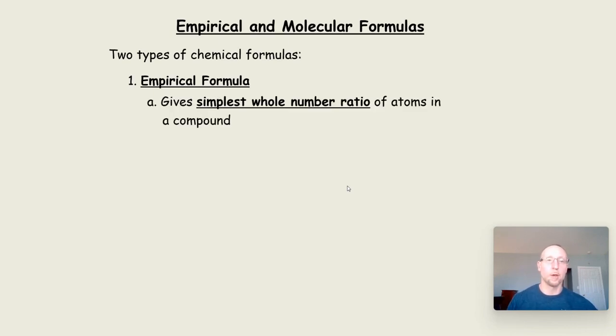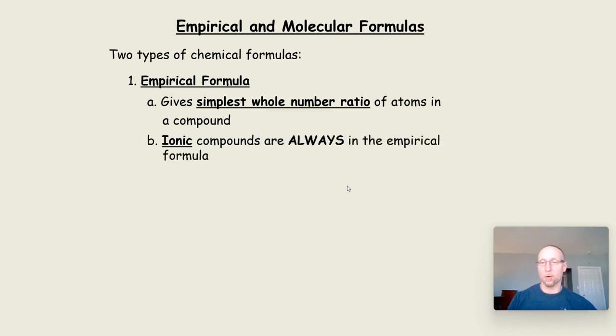So the empirical formula is the simplest whole number ratio of atoms in a compound. All right. So this isn't necessarily telling us exactly how many atoms are in the compound. It's just telling us for every one, say, carbon, how many hydrogens are there in a molecule of C6H12. All right. So one thing we want to remember is ionic compounds are always in the empirical formula.